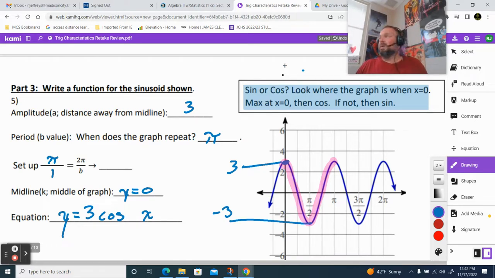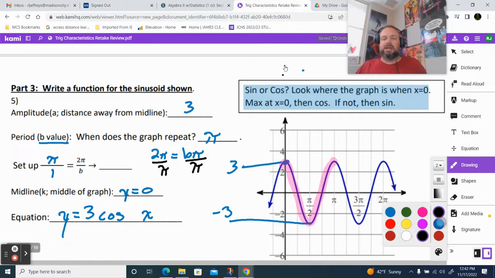Period, our b value. So 2 pi equals b pi, and if I were to divide by pi, I get 2. And guess where that goes? Right here.